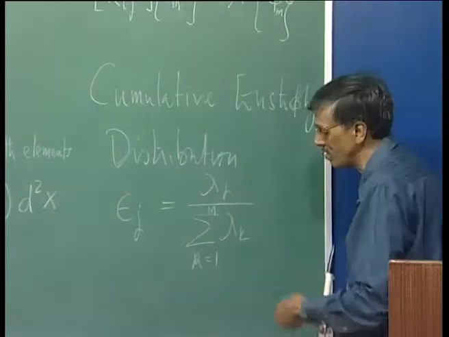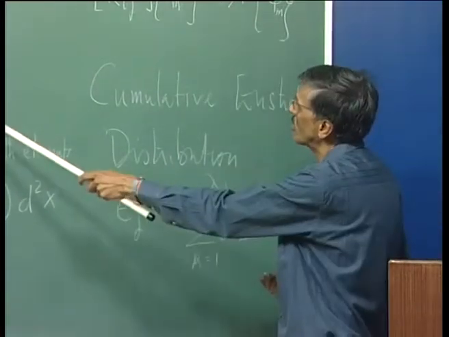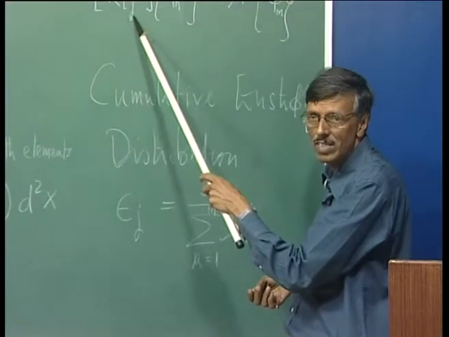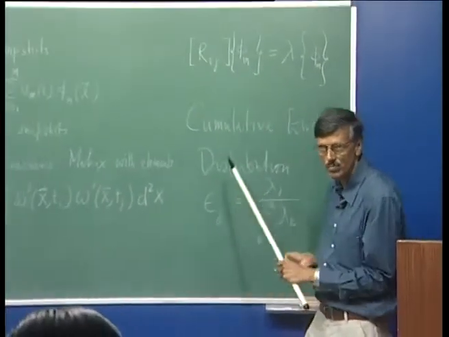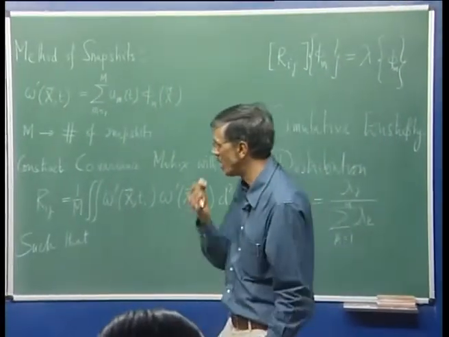You understand why it is m, because we have taken m snapshots. This is an m dimensional matrix, so I will have m eigenvalues. Okay? That is what we are going to do.